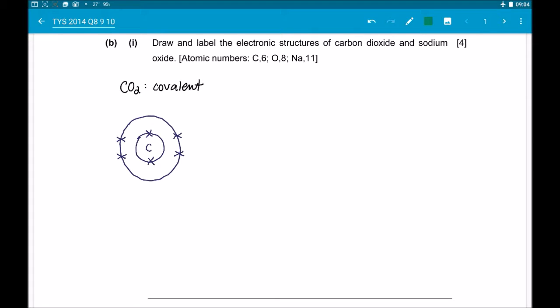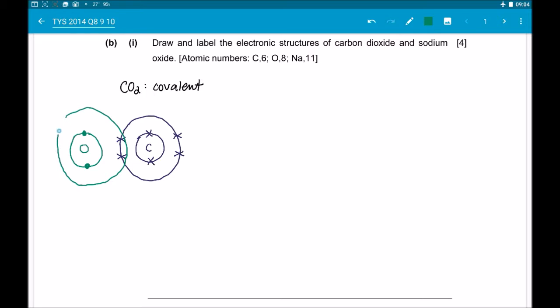Next, oxygen is a group 6 element with 8 electrons. A group 6 element requires 2 more electrons to complete its valence shell. And as you can see from the oxygen atom structure, there are 6 electrons in its valence shell.